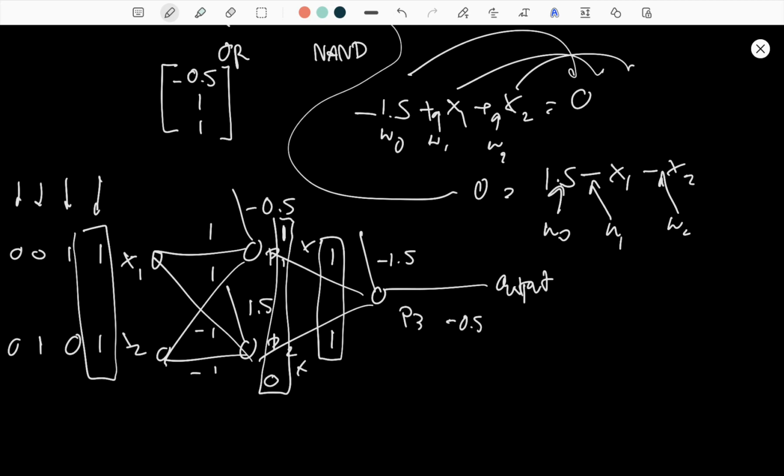Okay, so you can try it by yourself to check the output of all examples, and you will see that they are exactly the result of the exclusive OR. So guys, I hope that now you know what the idea of the multi-layer perceptron is.